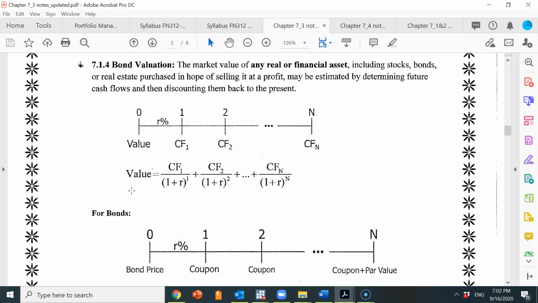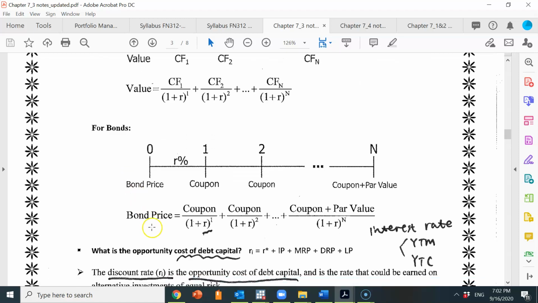So in the bond case, if we want to evaluate the bond price, we need to discount all the cash inflows we're going to get in the future, including the coupon payments, from year 1 to year 2 to year N. N is the maturity date. We also need to discount the par value, which we will receive at the end of year N.